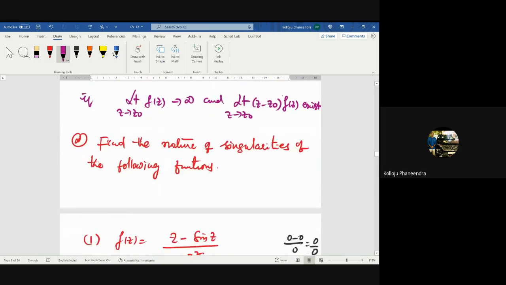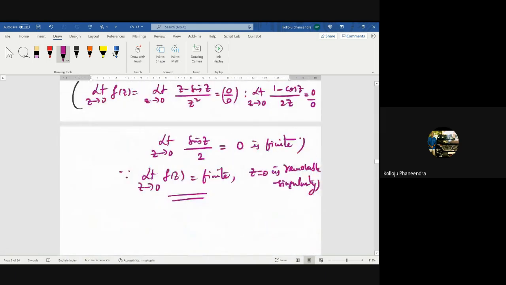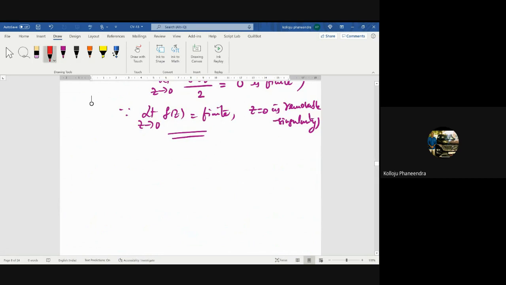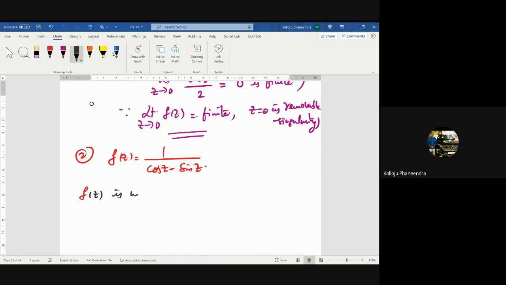The second problem is f of z equal to 1 by cosine z minus sine z. Anyone? First, f of z is not analytic, or not a defined function, at what point?